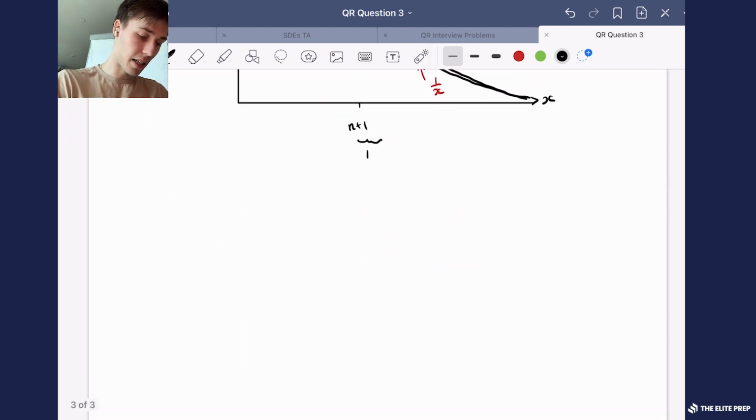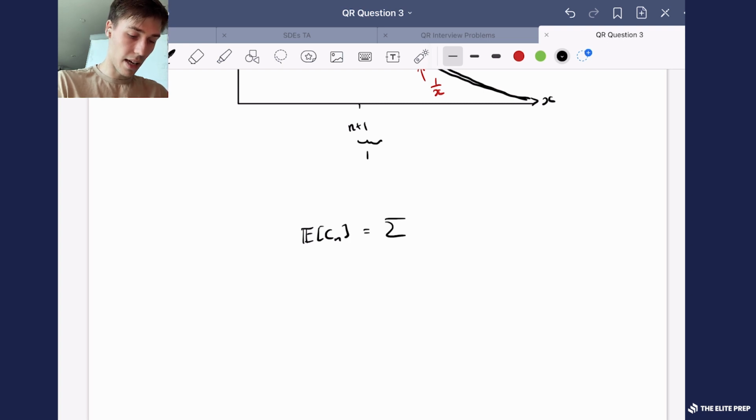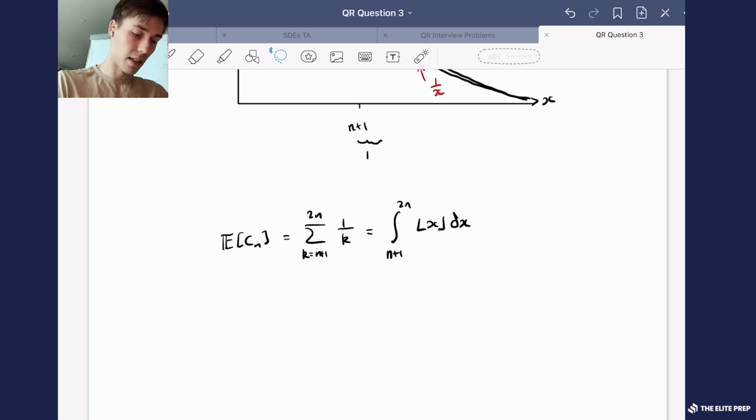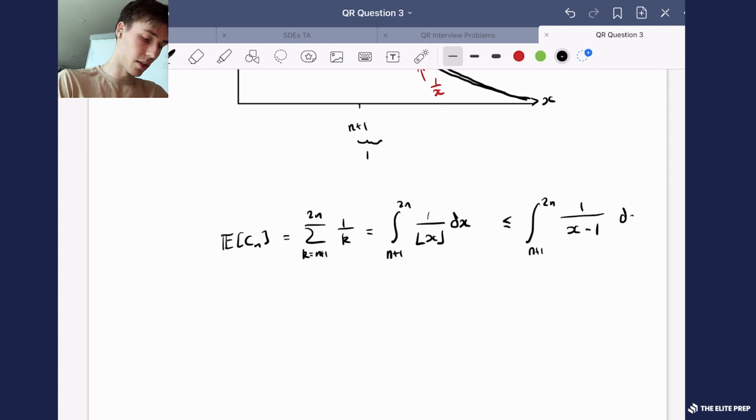So we have the expectation of Cn, which is equal to the sum from k equals n plus 1 to 2n of 1 over k, which is also equal to the integral from n plus 1 to 2n of 1 over the floor of x dx, is less than or equal to the integral over 1 over x minus 1 dx, and it's also greater than or equal to the integral from n plus 1 to 2n of 1 over x dx.